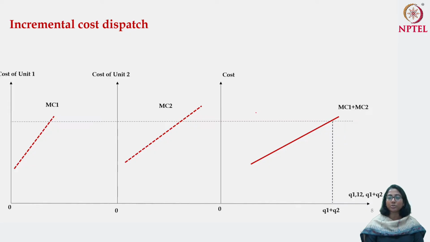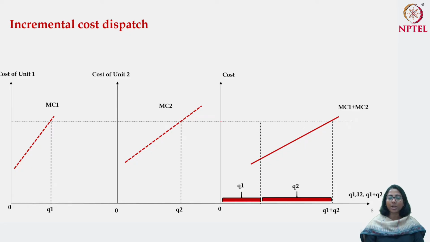So what we are going to see is, if this is the level of marginal cost, how much does the first unit produce at this marginal cost and how much does the second unit produce. The first unit will produce Q1 amount of output given this marginal cost, and the second unit will produce Q2 amount of electricity.